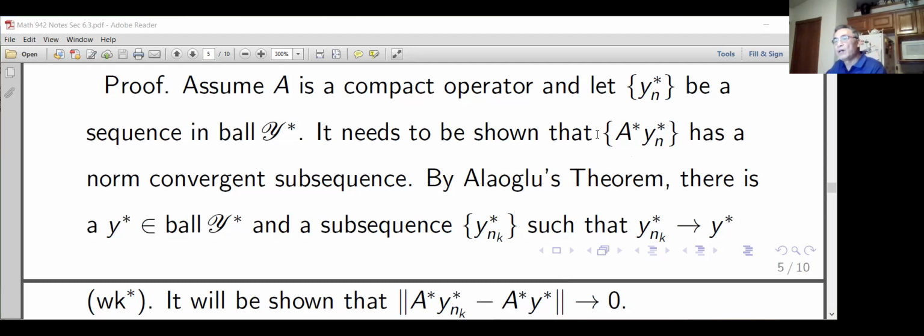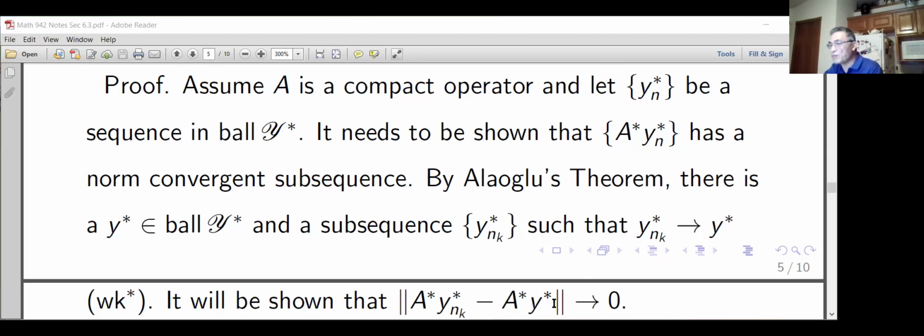So we are going to prove this norm goes to 0.